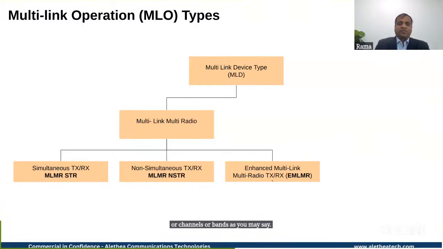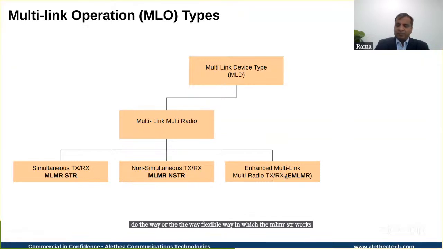In case of the second type, which is the non-simultaneous TX/RX or MLMR NSTR, there are some restrictions, in the sense that you can only transmit on two links simultaneously or receive on two links simultaneously. You would not be able to do it the flexible way in which the MLMR STR works.